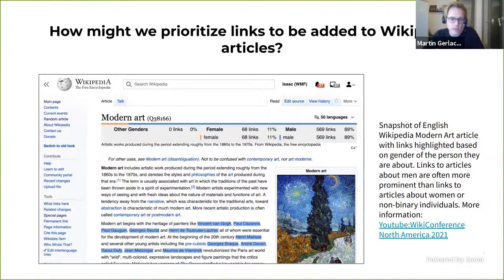We have started ongoing research to do this prioritization of links, which can hopefully solve this issue more generally. Once we have identified a more general approach, it can also be applied to specific gaps like the gender gap, to increase, for example, the visibility of articles on women.